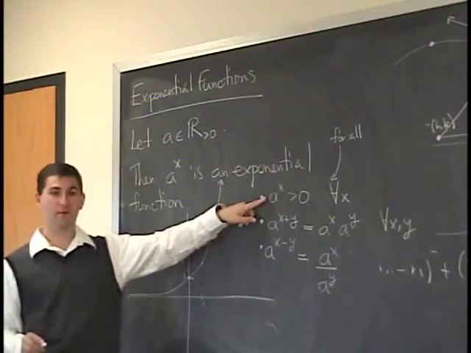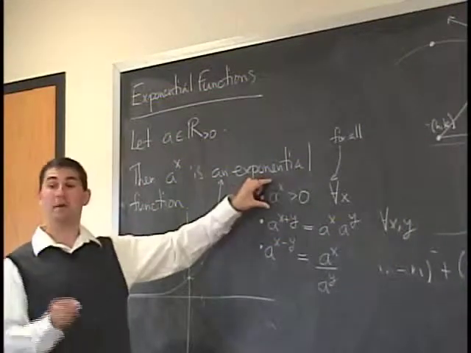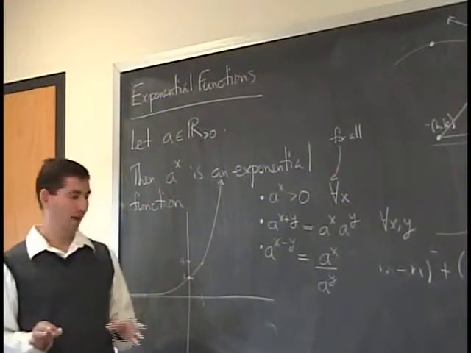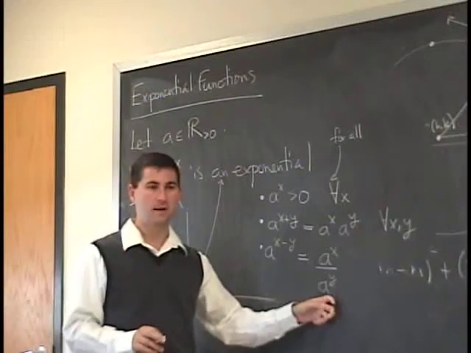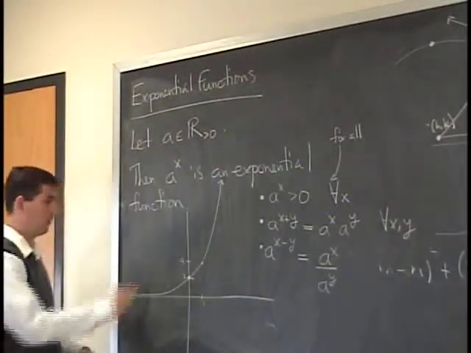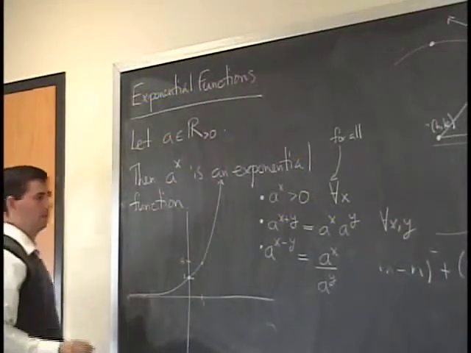Yeah, it's the first property up here. Whatever I put for y, I can't get 0 because this is always bigger than 0. So I'm never going to have a domain problem here. I don't have to worry that I choose some funky x and y and end up with a 0 in the denominator. So I'm always okay, and that's good because this thing is defined everywhere.